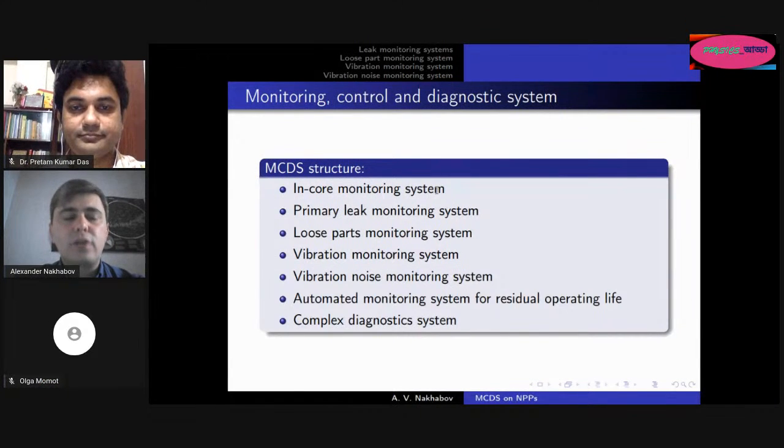And this task is hard enough, because in VVER reactors, all equipment for the core is located inside of the reactor vessel, and it means all sensors will work in an area with high neutron flux, very high temperature and very high pressure. And of course, it's very hard to provide uninterruptible work of this equipment.